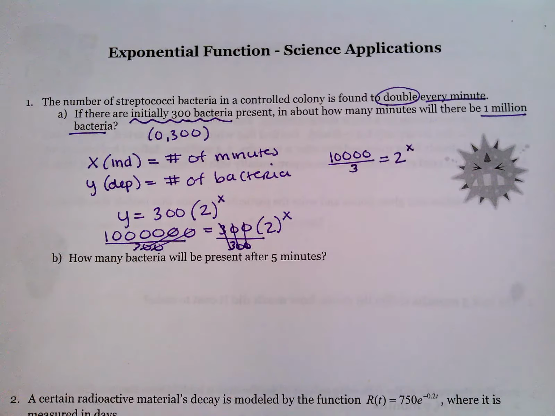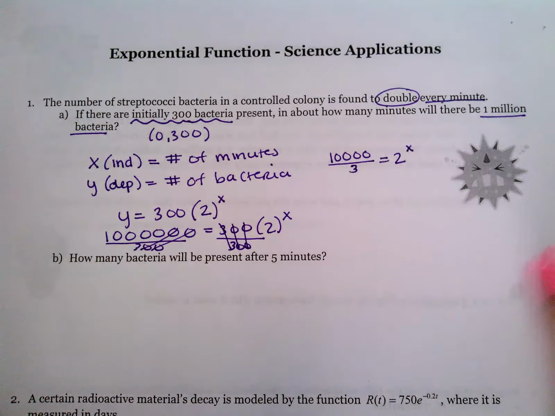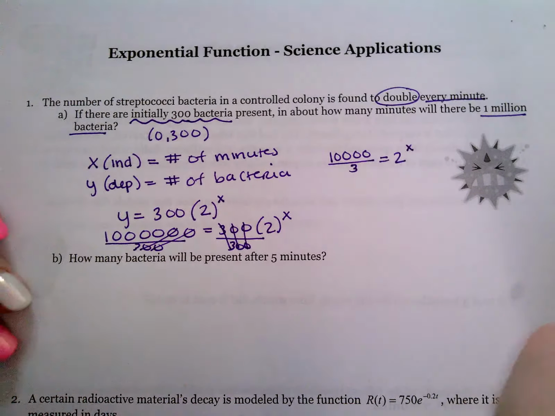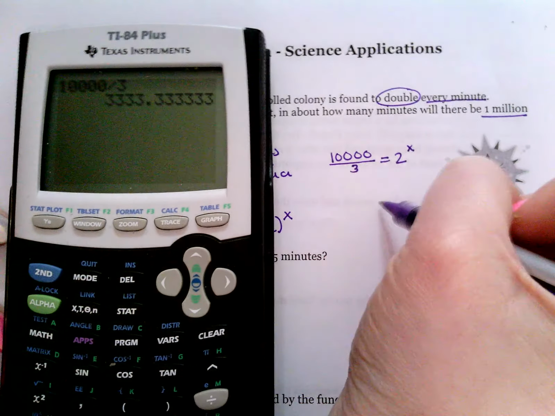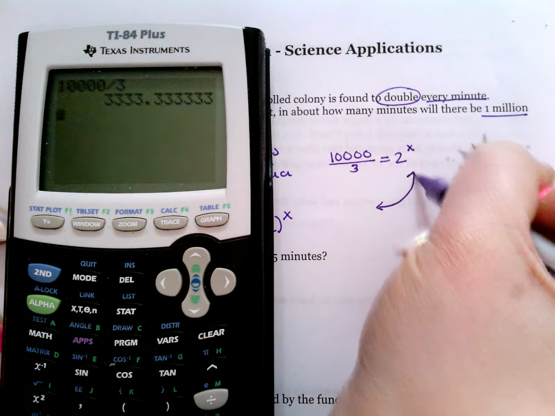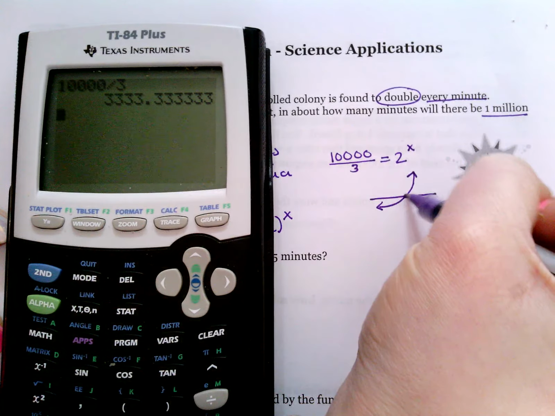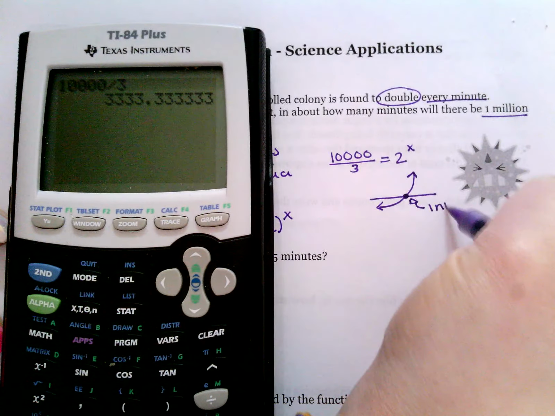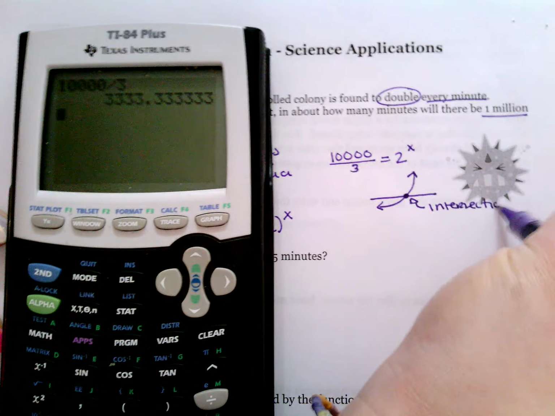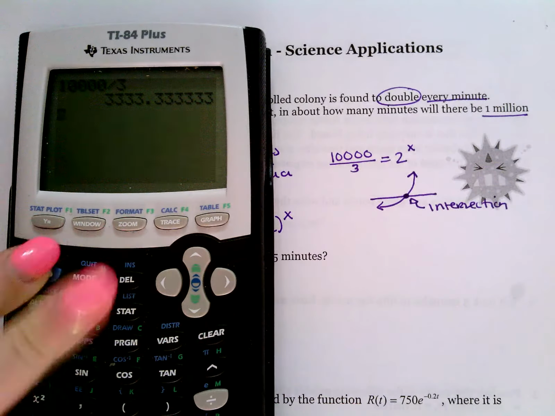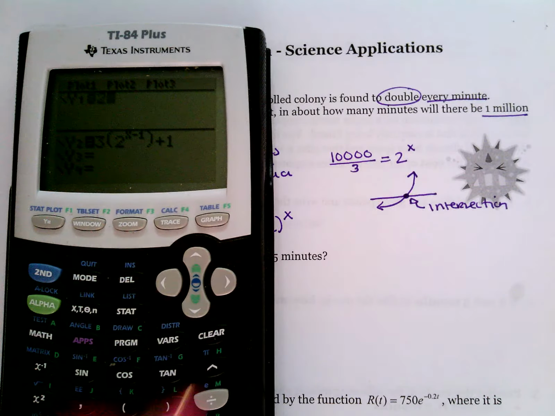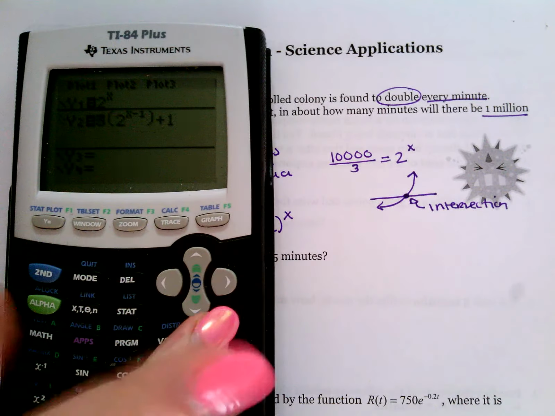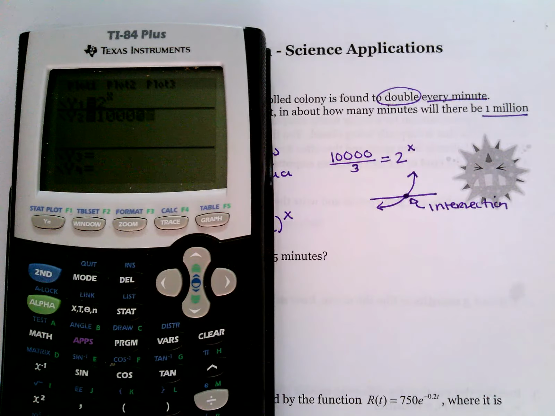On the calculator, I'm going to graph this and end up with a line, and I want to find this intersection. I'm going into y equals, 2 to the power of x, and in the second one, 10,000 thirds. I'm going to graph it.